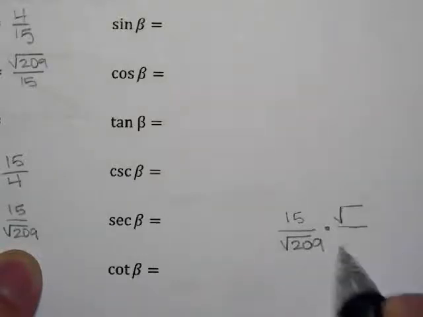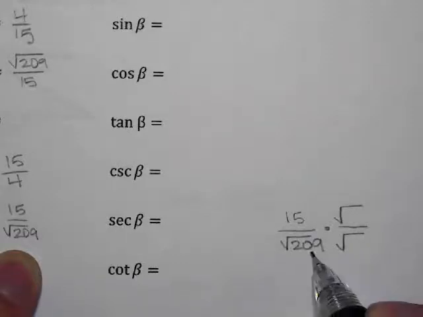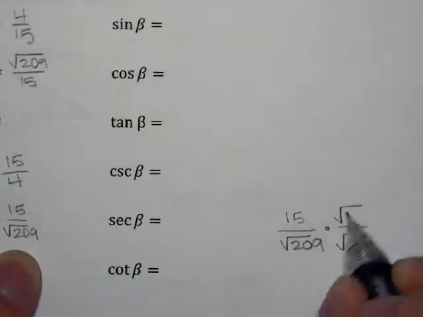Same thing on top and bottom, so we're multiplying it by 1. Anyone remember? Same thing as this radical. So we're going to do root 209, root 209.